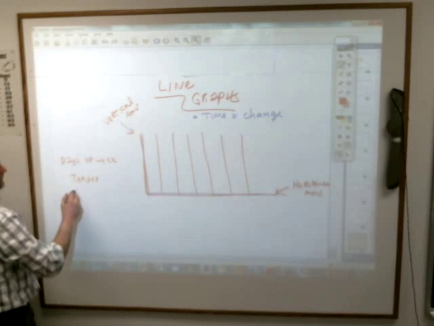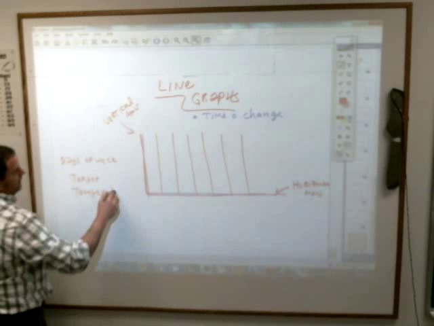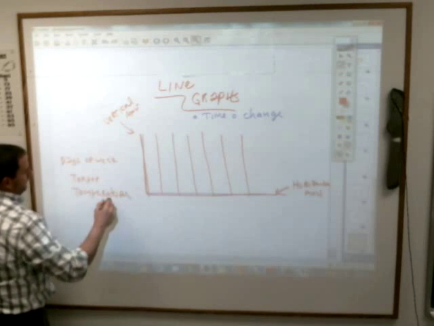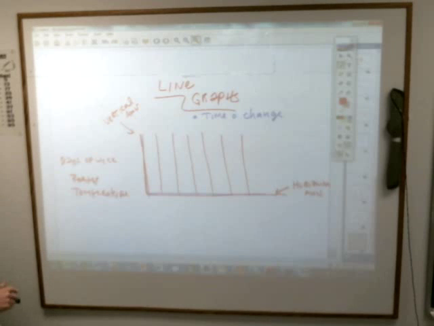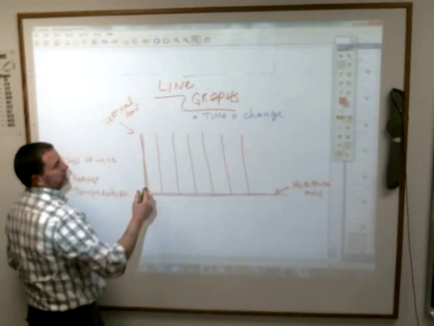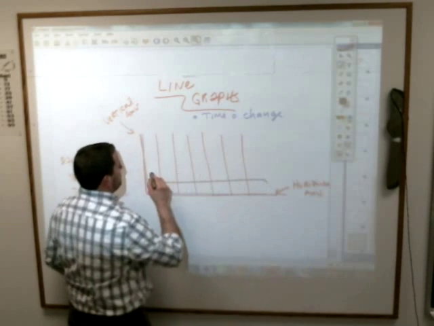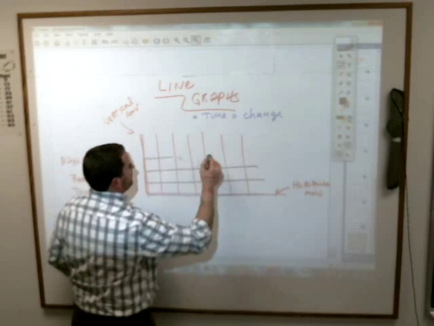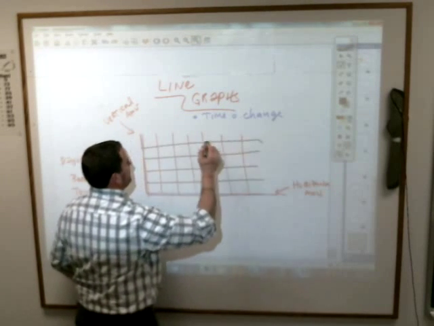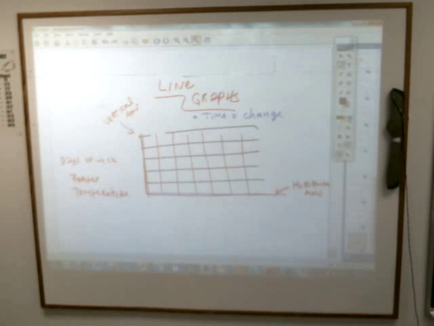So you have a choice to make here, fifth graders. Am I going to put the days of the week down here, or going this way? Which one makes more sense? Where would you put temperature and where would you put days of the week if you were drawing a graph? Do I have any suggestions on that?